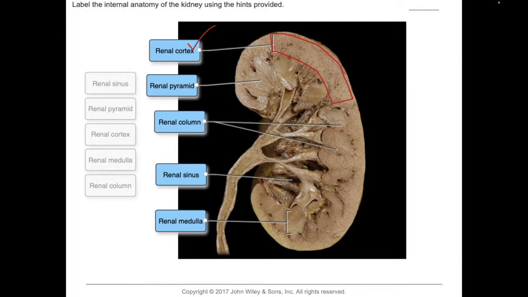When we go a little bit deeper in, like this portion here, this is the renal medulla. So you've got the cortex, and once you move in a little deeper is the medullary region, or medulla.